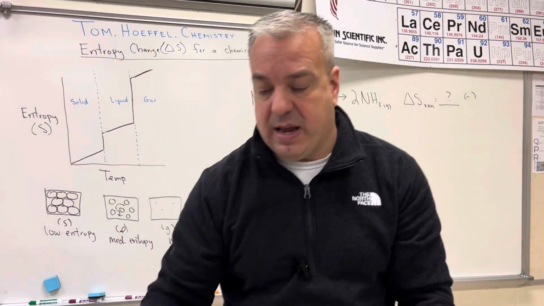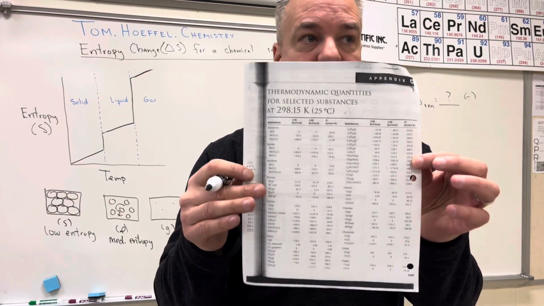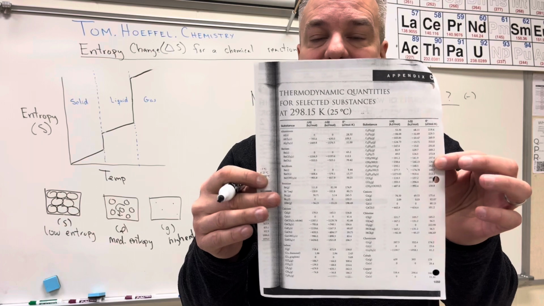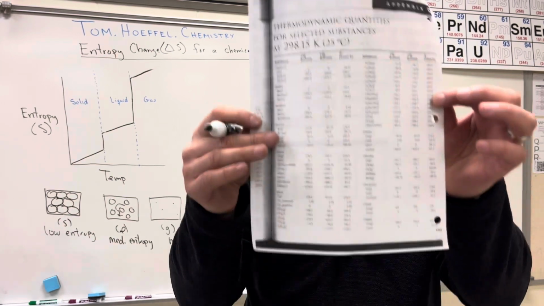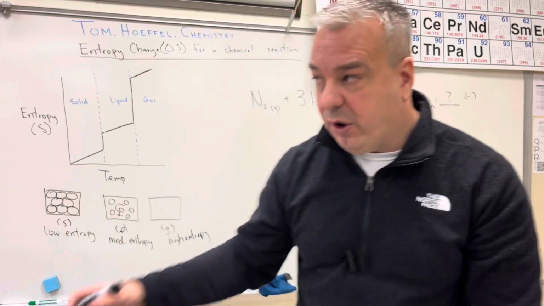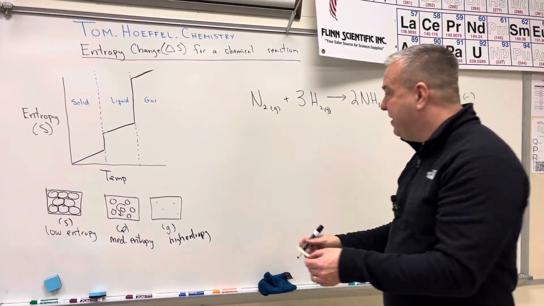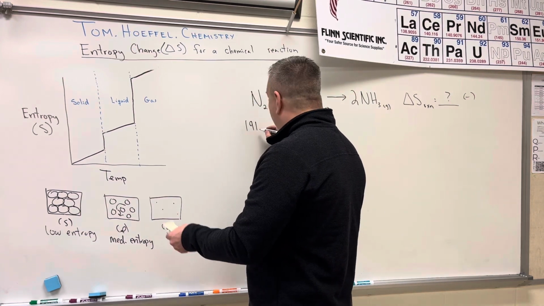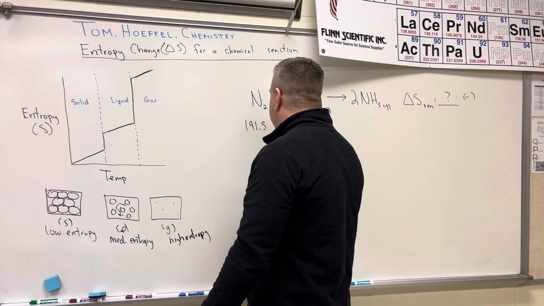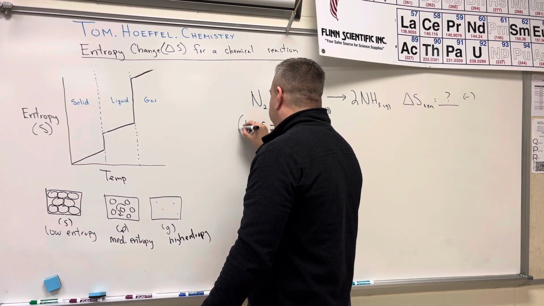In order to do that, you're going to need some thermodynamic values. Now, these thermodynamic values are typically in the back of the textbook in the appendix section, and I'm just going to look up the values for each of these substances in that appendix. And when I look up nitrogen, I find out that it has an entropy of 191.5, and the units on that are going to be joules per mole Kelvin.